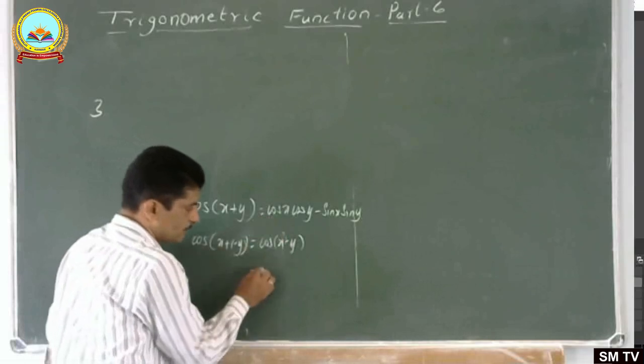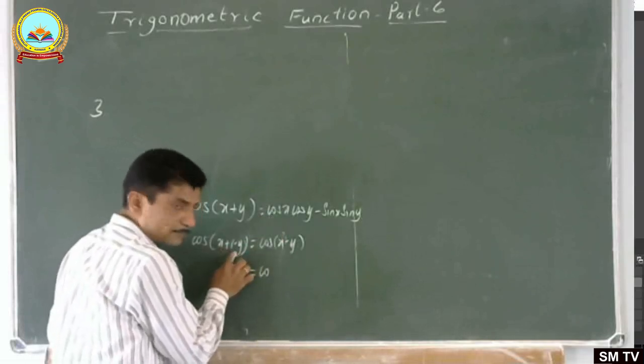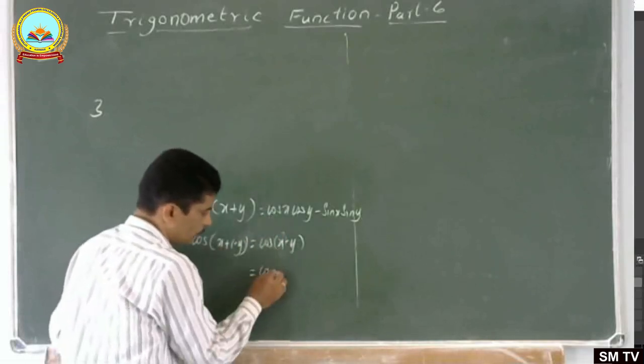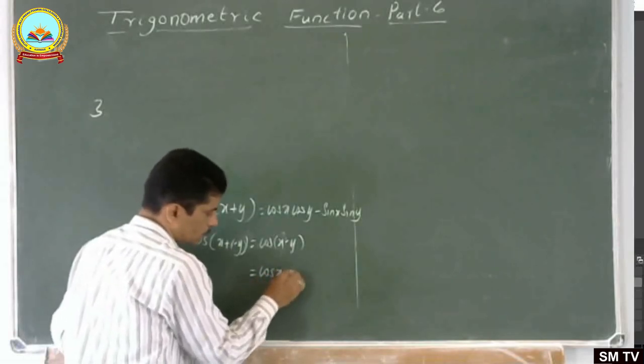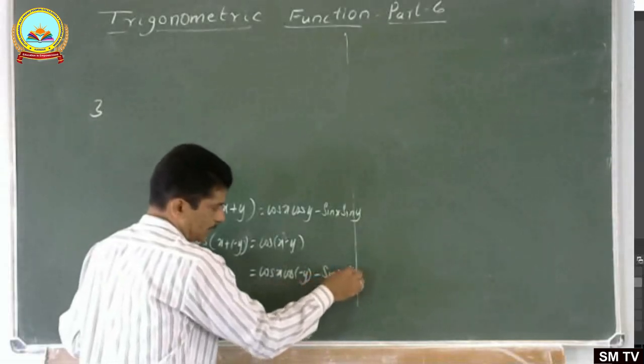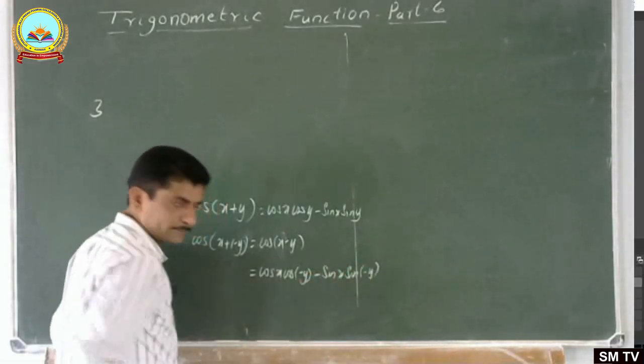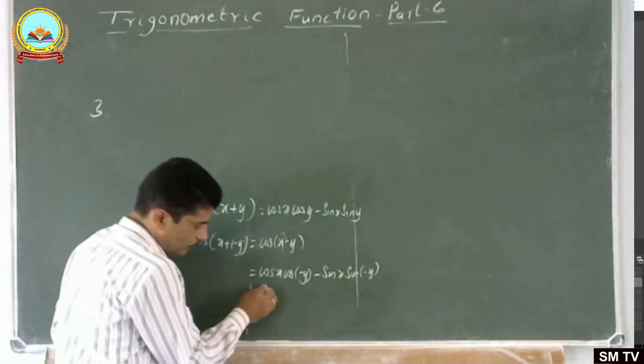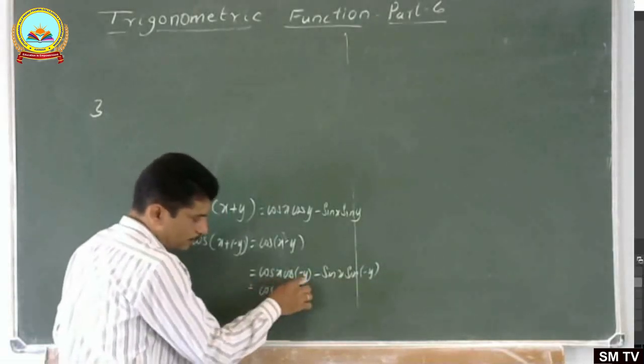Using this result, cos of x plus minus y is equal to cos x cos of minus y minus sin x sin of minus y.